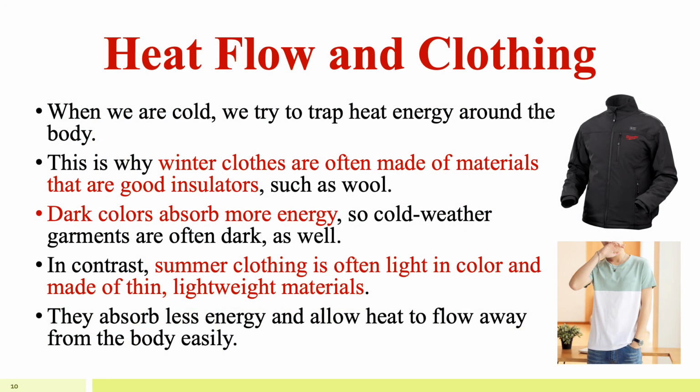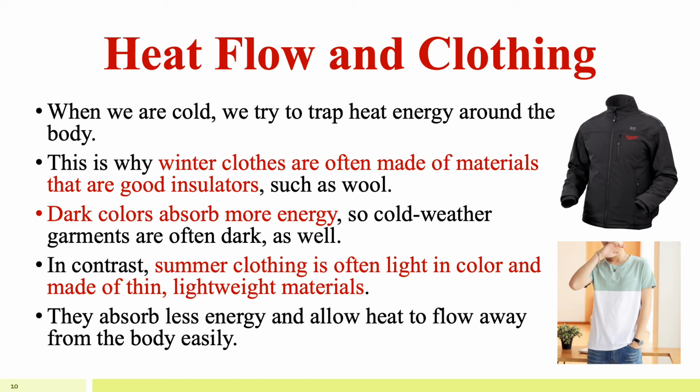The last part in the lesson: heat flow and clothing. When we are cold, we try to trap heat energy around our body. So winter clothes are made of materials that are good insulators. Like what? Like wool. Why?